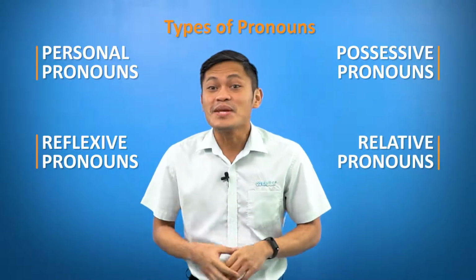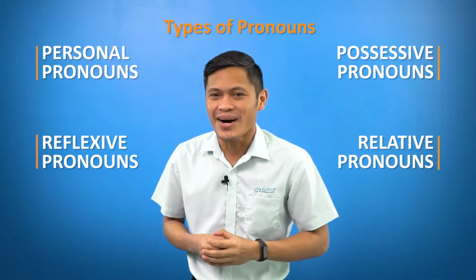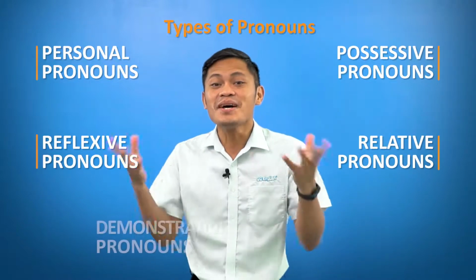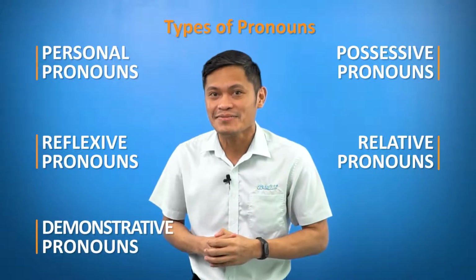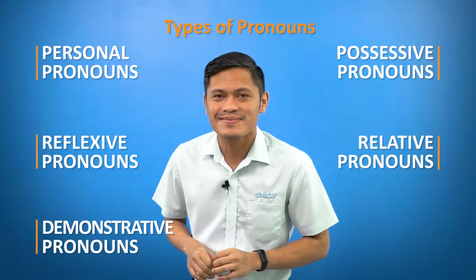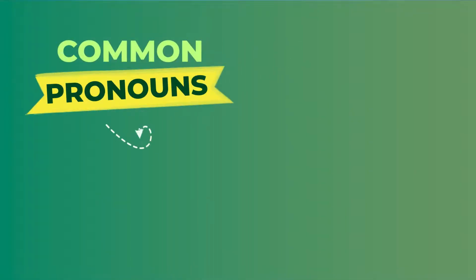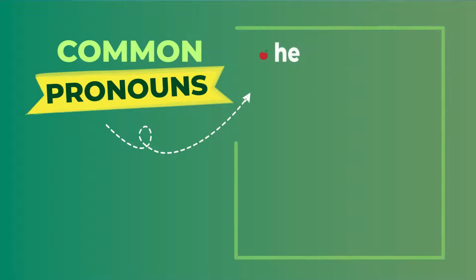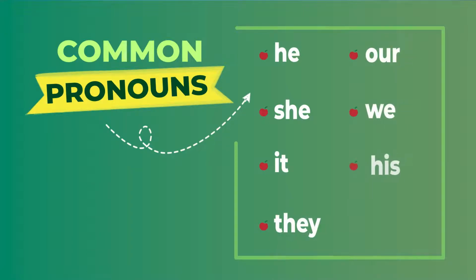Relative pronouns introduce a subordinate clause, and demonstrative pronouns identify, point to, or refer to nouns. Some common pronouns we have in English are he, she, it, they, we, his, her, etc.